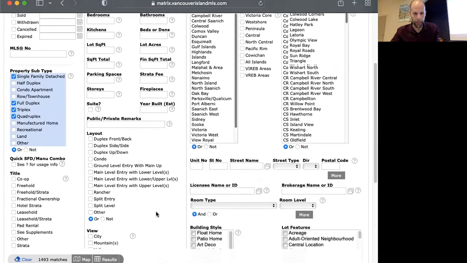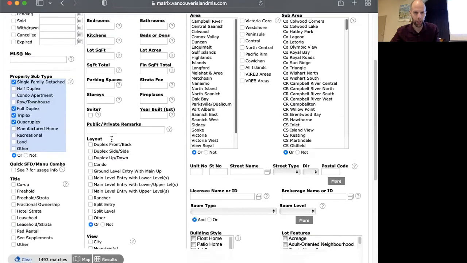Now, there is the option, a little button right here that enables me to search for suites. So this searches for additional accommodation fields. So when we're listing a property, there's a little box we can check as a listing agent that has additional accommodations.